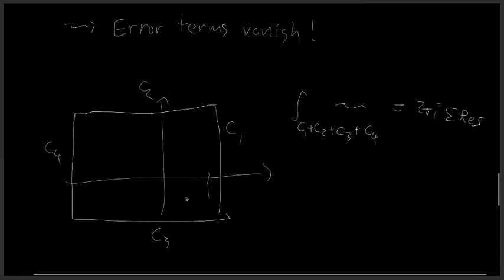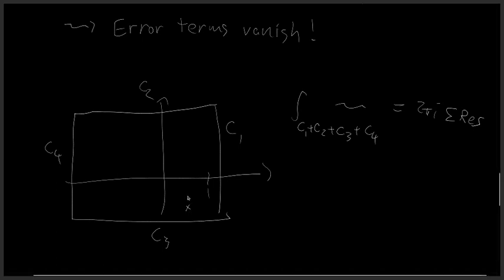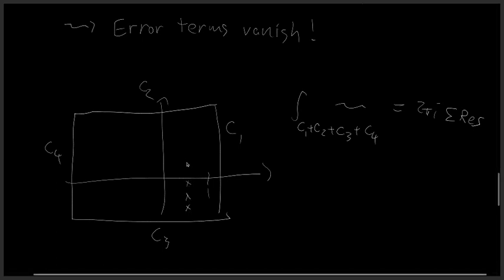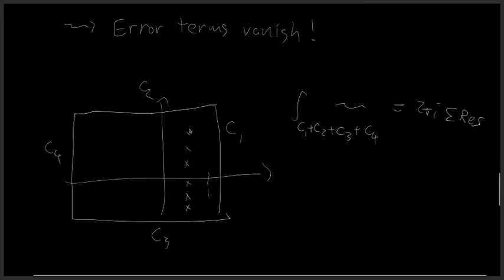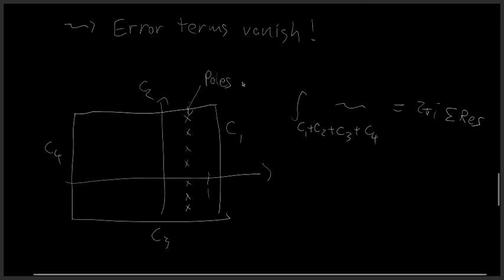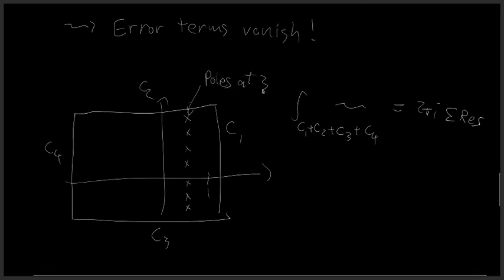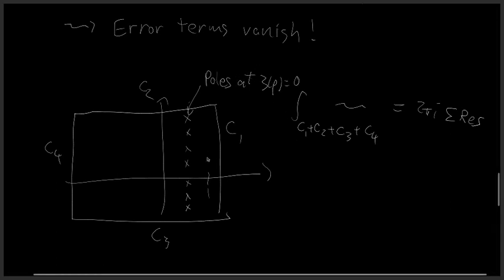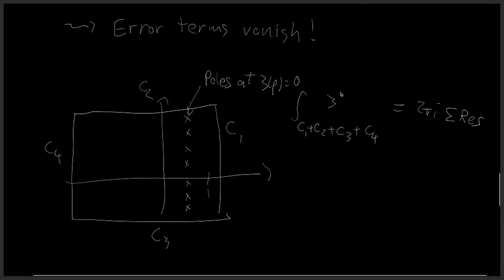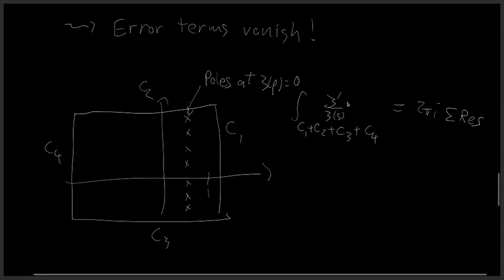So where are our residues? Well, we have poles whenever we have zeros of the Riemann zeta function. Because, of course, what we're integrating is the logarithmic derivative of the Riemann zeta function, and in particular that divides by the Riemann zeta function.